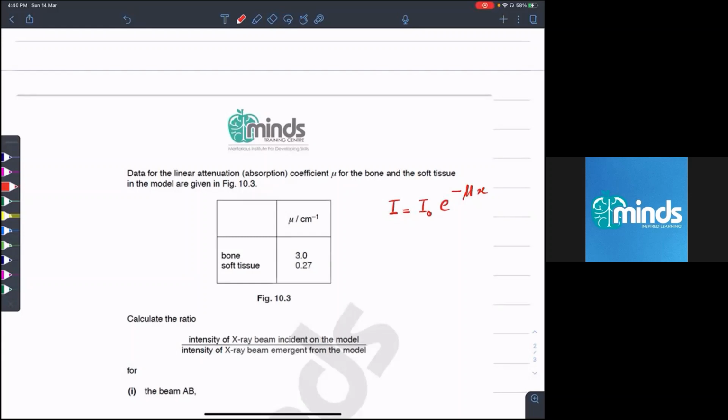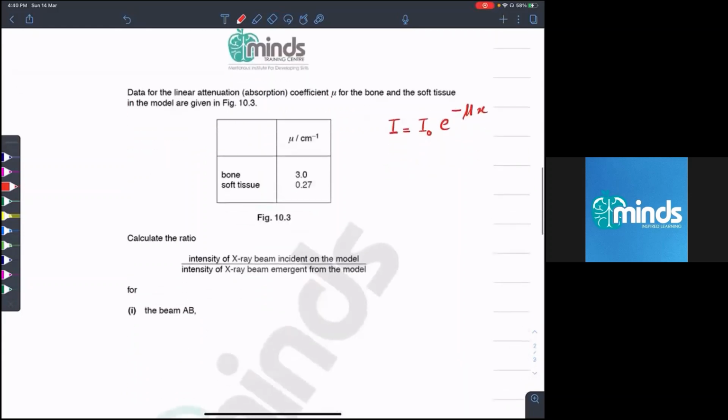We use this formula. The intensity of X-ray beam incident on the model is I naught, and the intensity of X-ray beam emergent from the model is I. So can I say we need to calculate I naught over I?